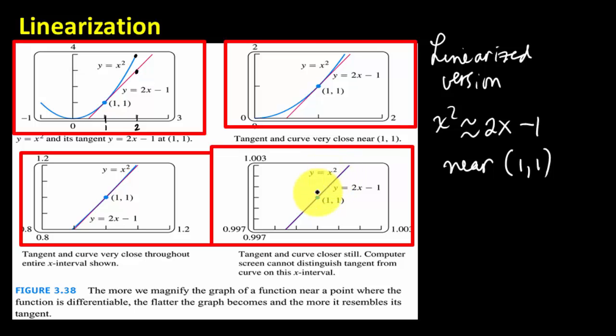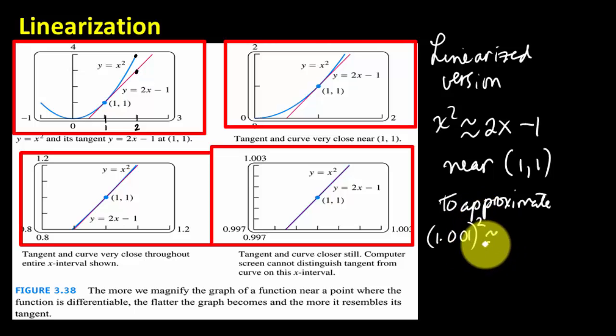You see that? So we can approximate, say, 1.001 squared, that can be approximately equal to 2 times 1.001 minus 1.